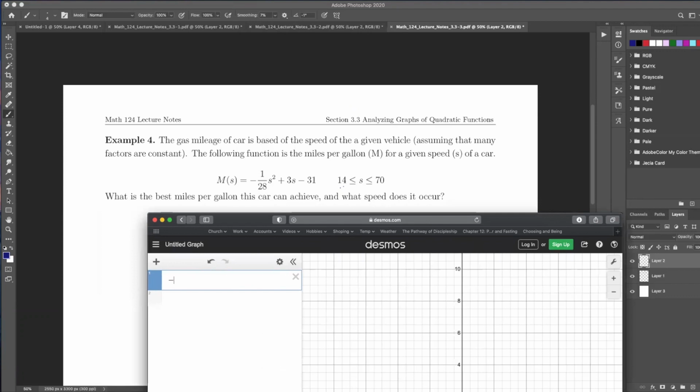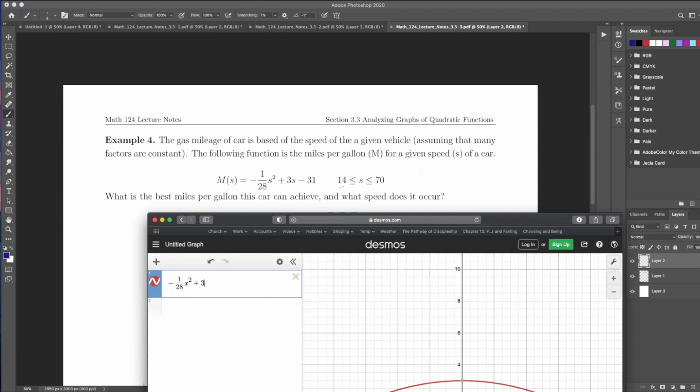And so I have minus 1/28 x squared. I guess I don't need this parenthesis if it knows to do that. Good.